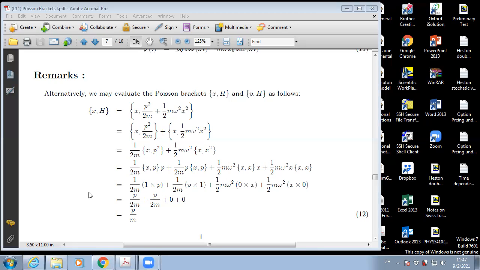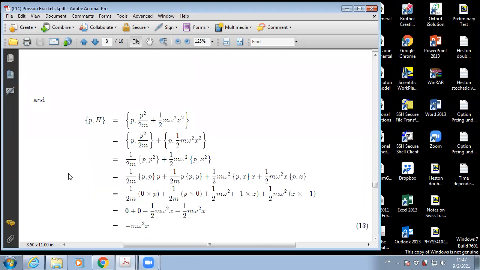Combining these two non-vanishing identical terms, we have p over m as the result of the Poisson bracket between x and H. All right. Here we have not applied the definition of the Poisson bracket. We just know the fundamental Poisson brackets between x and p, x and x, and p and p, and the arithmetics of the Poisson brackets.